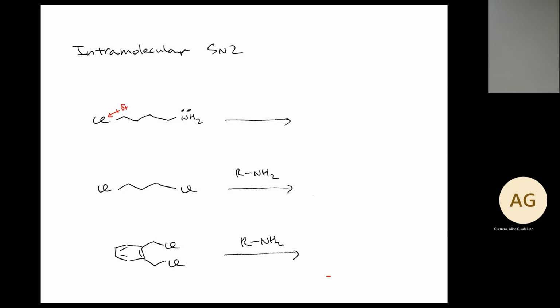The alkyl halide makes this carbon electron deficient, and that's the one this nucleophile is going to attack. It's kind of a snake biting its own tail. When that happens, you are closing the ring, and this is going to be 1, 2, 3, 4, 5 atoms in the ring, with the nitrogen in one corner. So that's what is going to be formed.